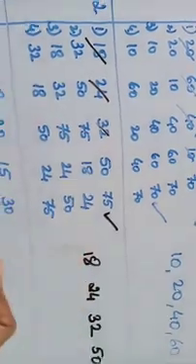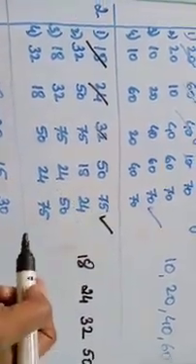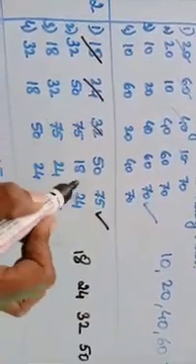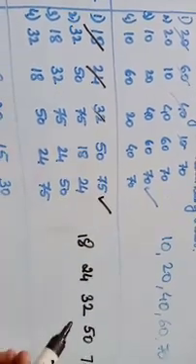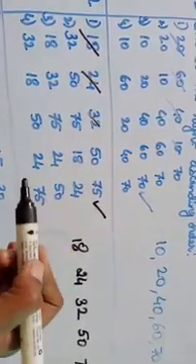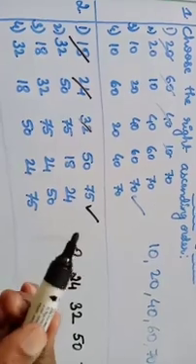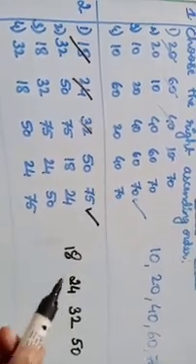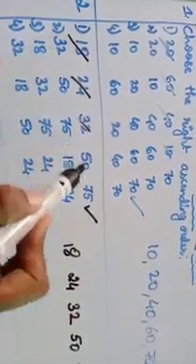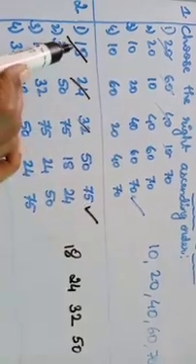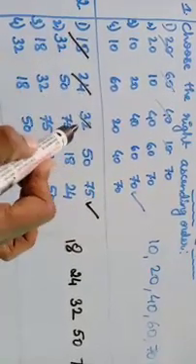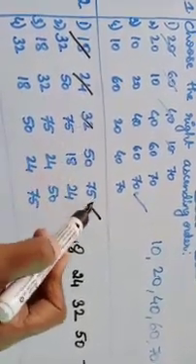So no need to look into the down options. You should be very careful while doing the sums. The options may be up and down to confuse you, but you should not get confused. So the first option is our right answer, that is 18, 24, 32, 50, 75.